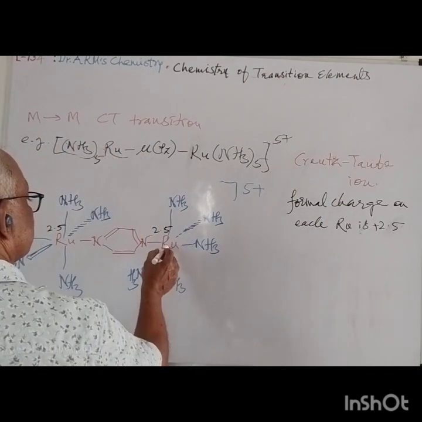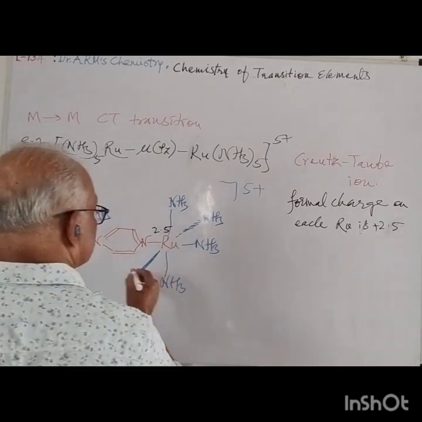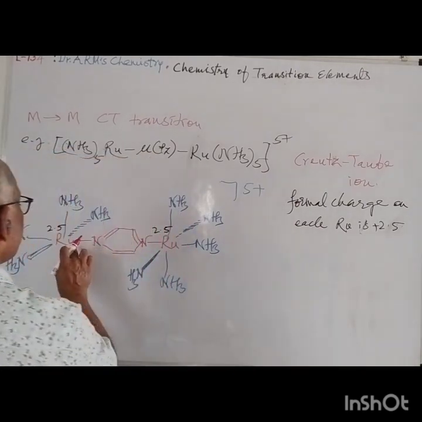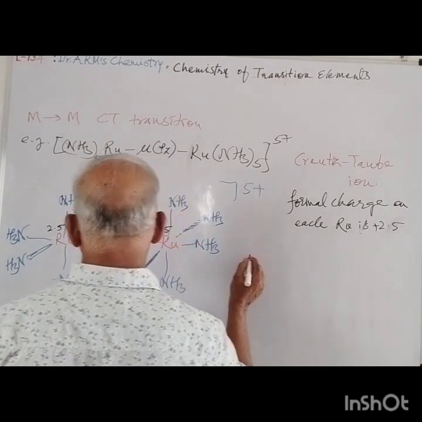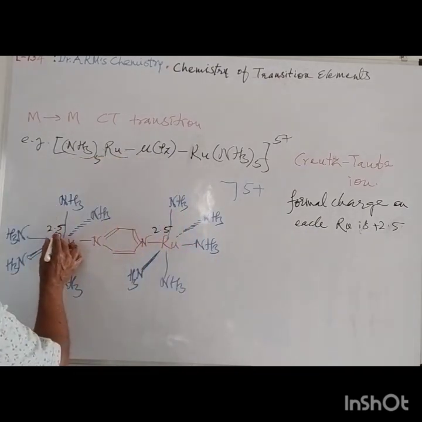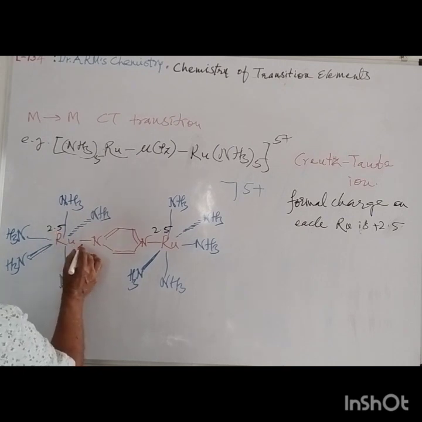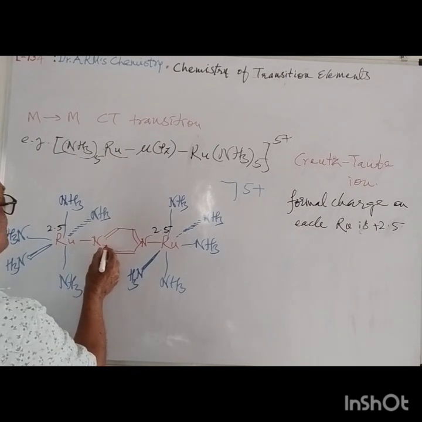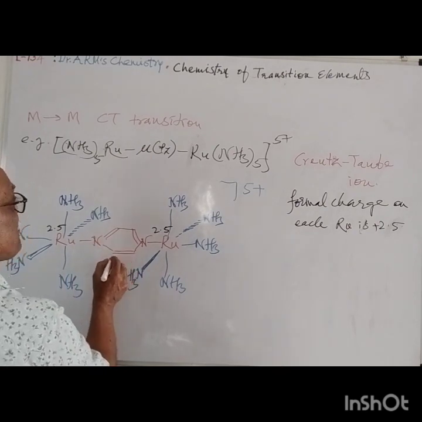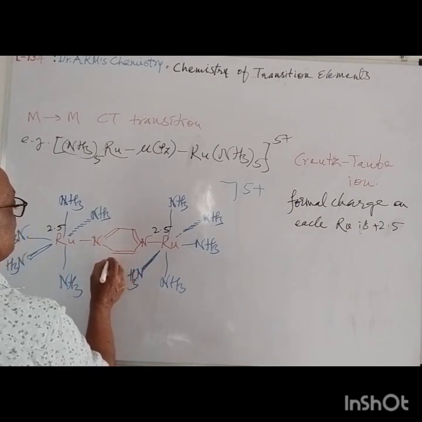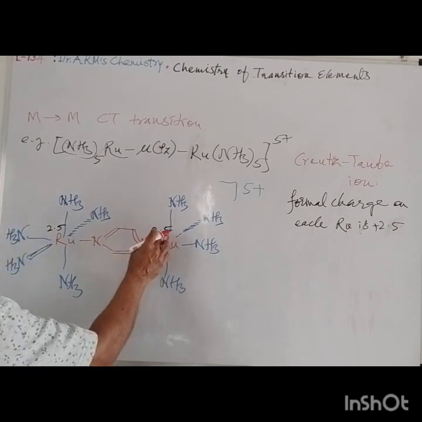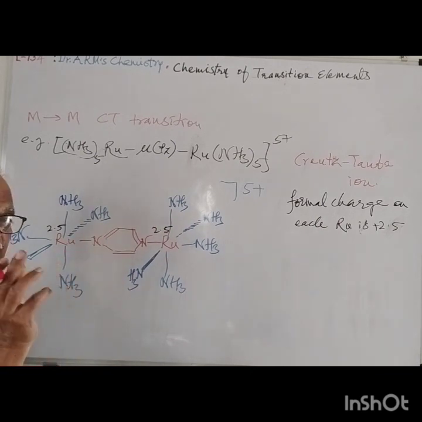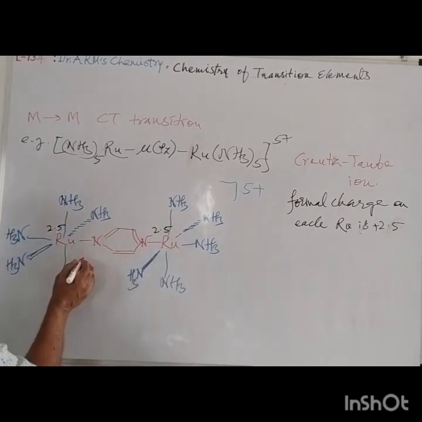Each metal ion is having the structure like this, means same thermal charge is there. But after charge transfer, say 0.5 charge is moving from this metal ion through this pyrazine to this metal ion. As a result of which this metal ion becomes 3 plus.